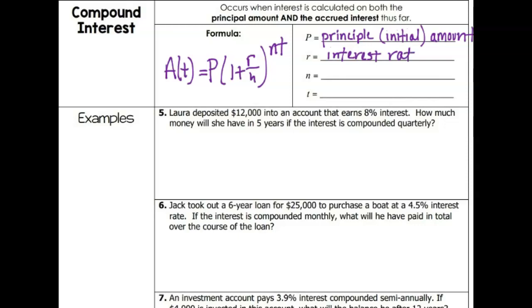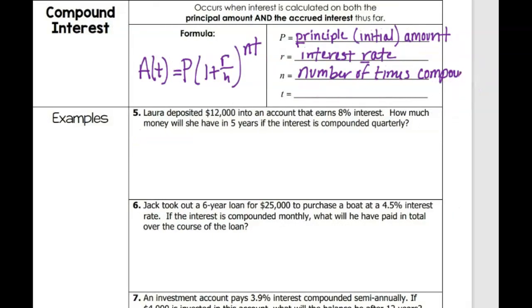So R is still the interest rate, whatever you're using, but N is now the number of time periods that you have each year that you are calculating. So again, this is going to be compounded yearly, and then T is going to be how many years that happens.